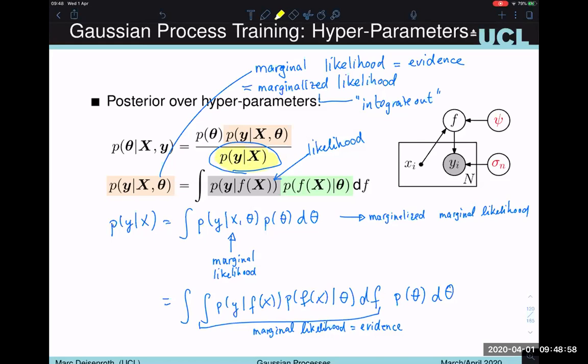Does that clarify things a little bit more? So the orange block is also called evidence.